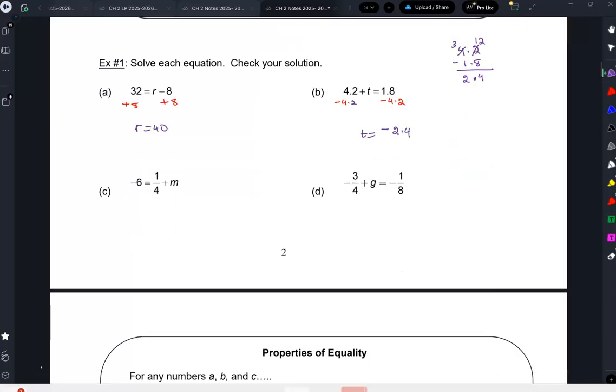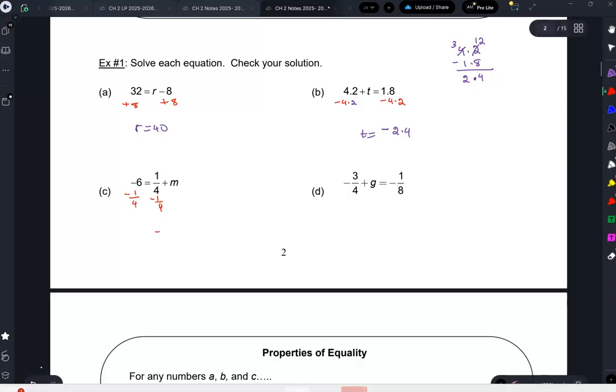Okay, here. What do I do? Yep, Jack. So I want to get m alone, right? What's closest to m? The 1 over 4. So what do I want to do? You subtract 1 over 4, right?